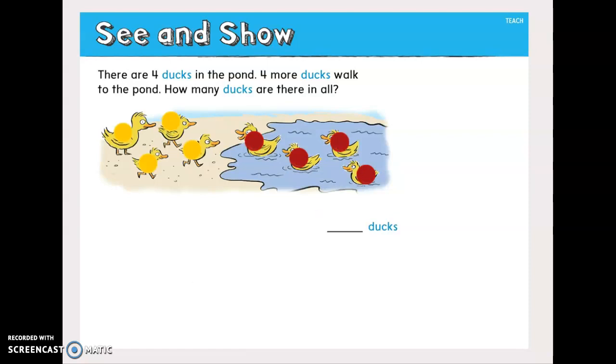So we're going to take our pencil and write the number 8. Okay. My numbers always turn out a little funky when I'm on the computer. Okay, so now we can go to the next problem.